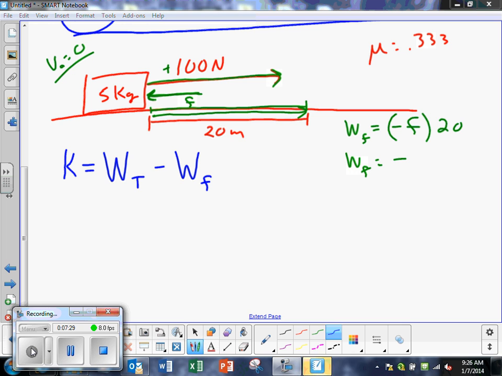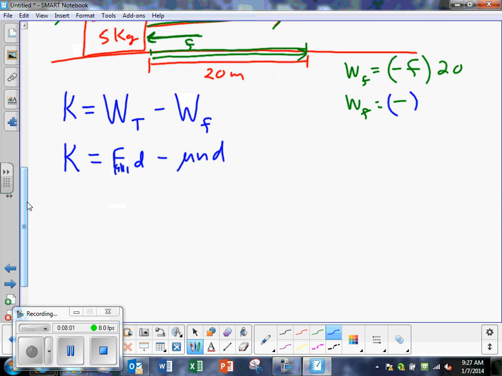And it's a minus, we know, in this case because it's going to be in the opposite direction of the displacement, the forces. Okay? So the increase in kinetic energy would be the force parallel to displacement. That force is the tension force. Minus mu N d.